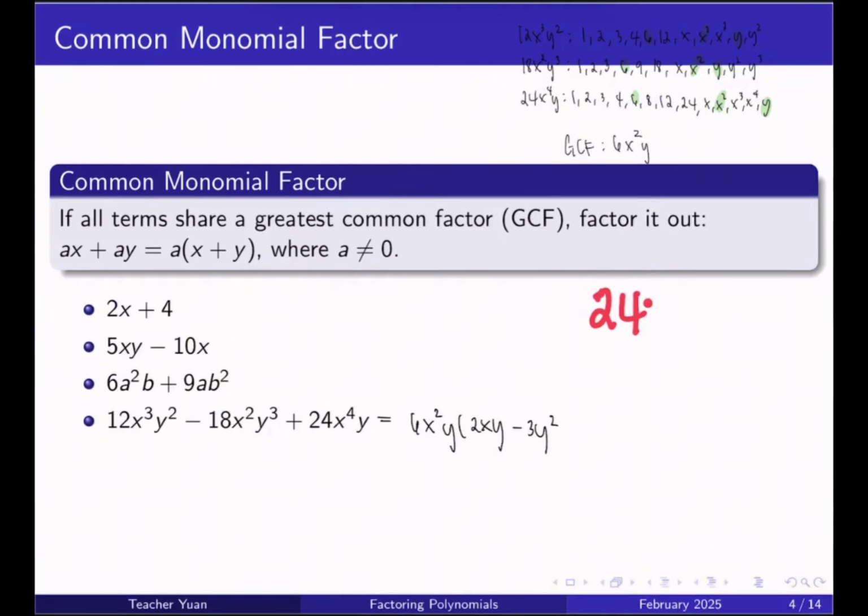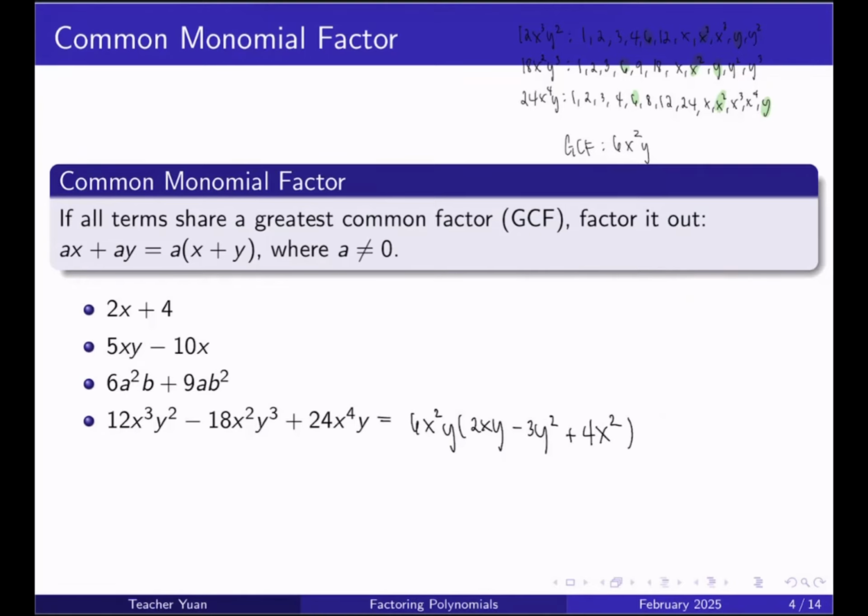Lastly, 24x raised to 4y divided by 6x squared y is 4x squared. And this is our final answer: 6x squared y times 2xy minus 3y squared plus 4x.